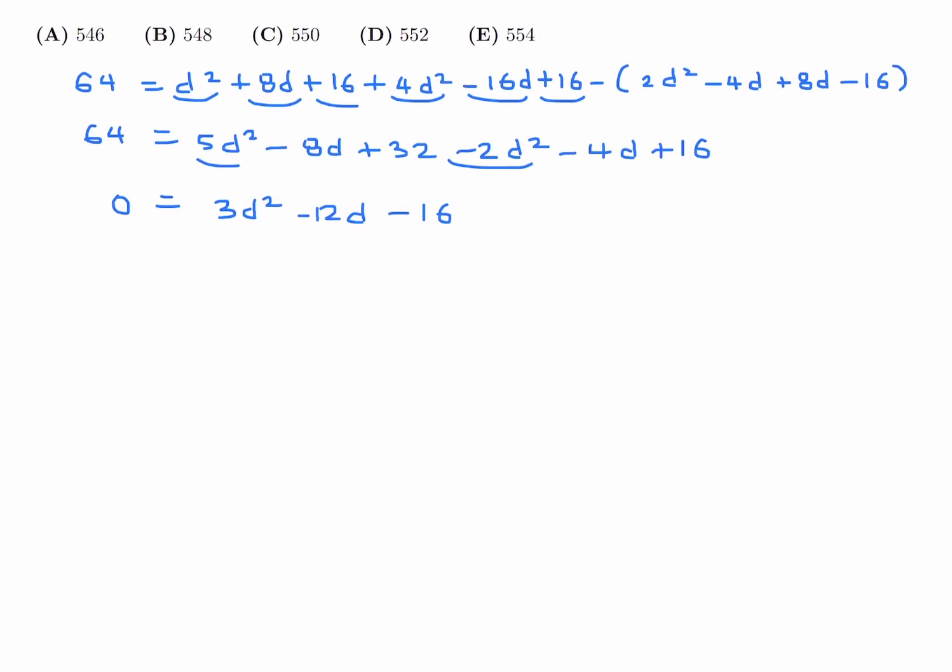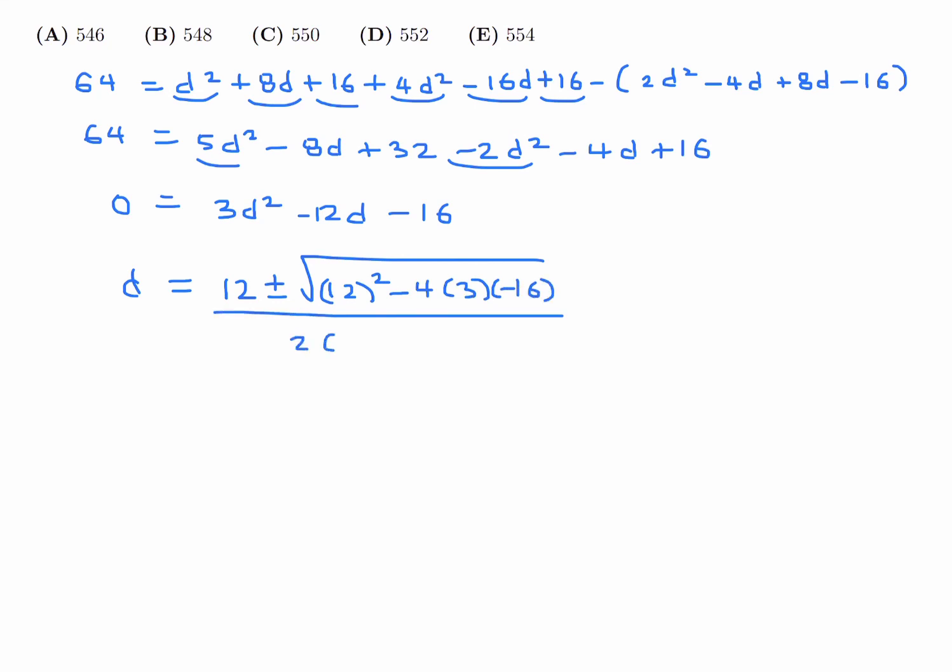So now all I have to do is just figure out d using the quadratic formula. So 12 plus or minus the square root of minus 12 squared minus 4ac all over 2 times 3. So this is 12 plus or minus the square root of 144 plus 192 all over 6.